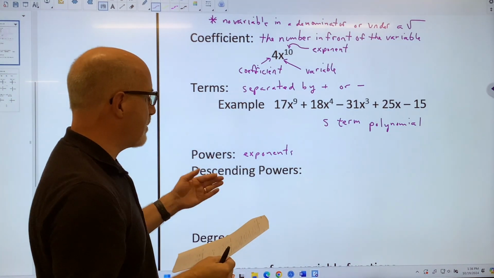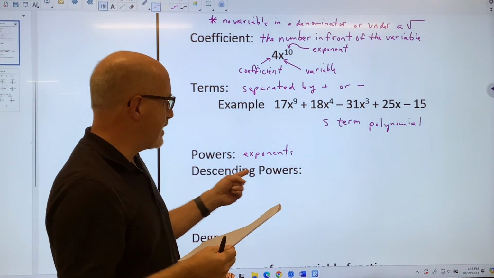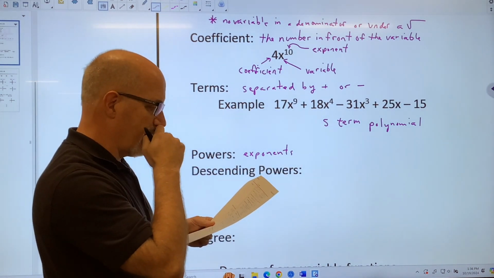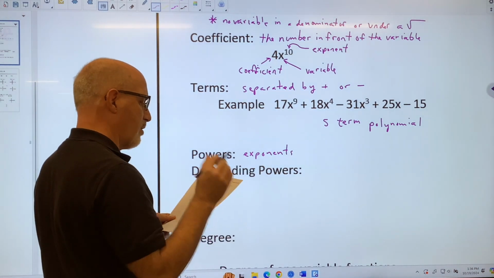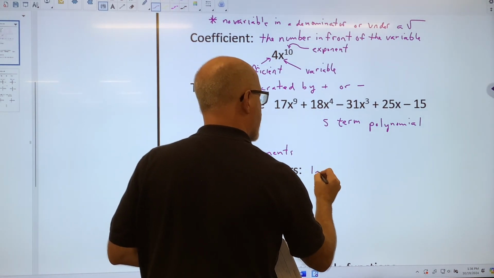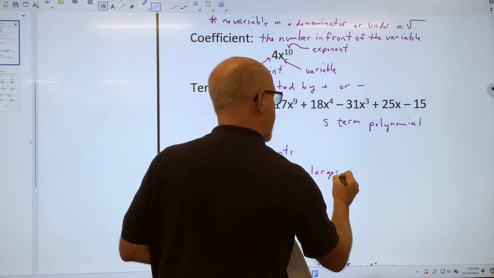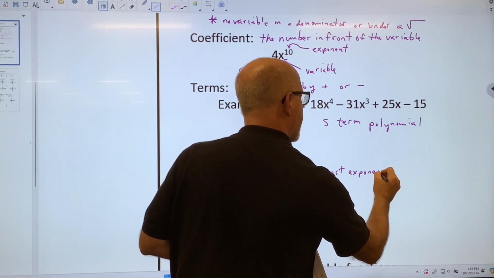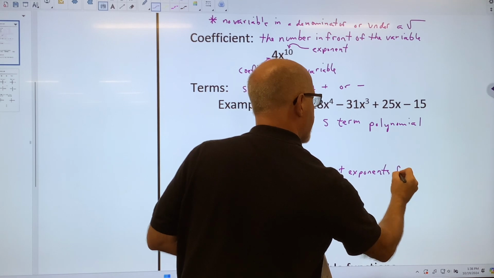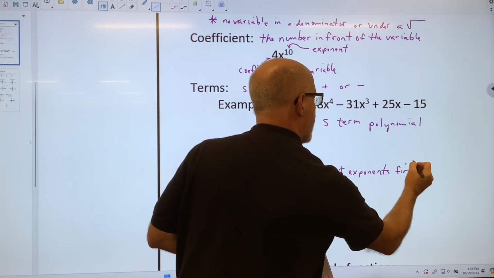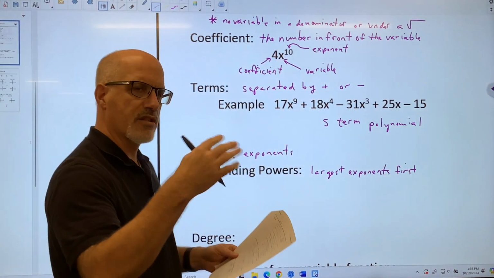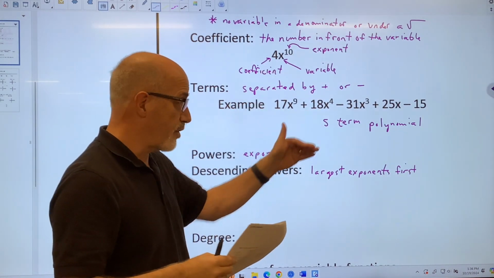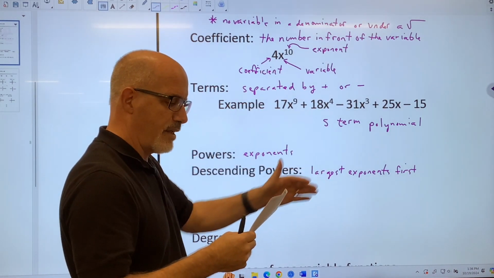All right, now let's talk about descending powers. So this is like descending exponents. Now when we look at this, descending powers, you want to put the largest exponents first. So this would be if we have one single variable, you're going to just list it with the largest exponent number first, and then go down from there.